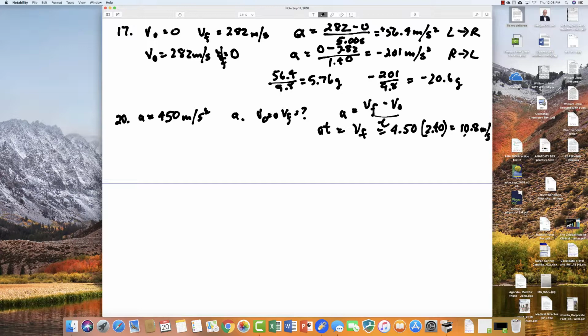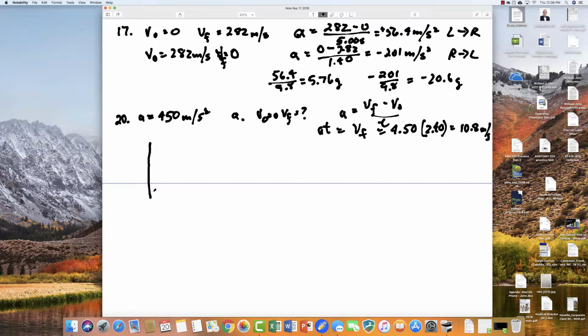And the second part of this was to graph this. Assuming the acceleration is constant, we know that x is equal to 1/2 at squared. The question was, sketch the graph of her position versus time during this period.